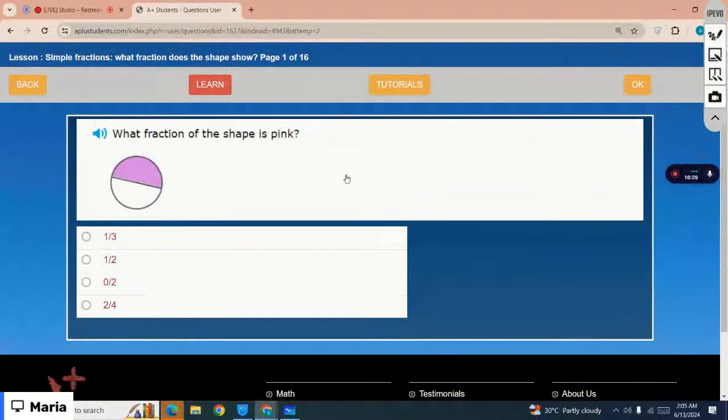The shape has two equal parts, right? And out of two, one of them is purple. So you can say 1 out of 2 are purple. So the correct option is 1 out of 2. Option number 2 is the correct option.